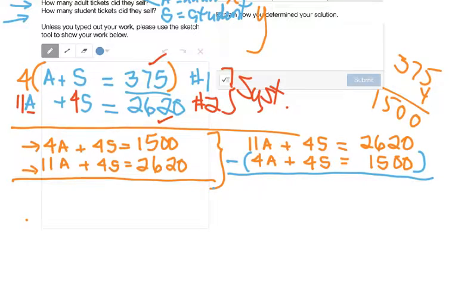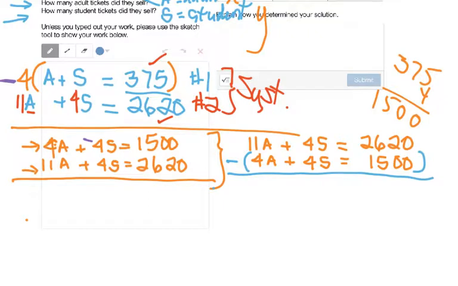I'm going to subtract. Now you're probably saying, well, Miss Sanafarth, couldn't you have just multiplied the top equation by -4? Yes, I could have, which would have changed this to -4a minus 4s. Could have done that easily, but I decided not to. I decided just to keep it the way we've been working on it in class.